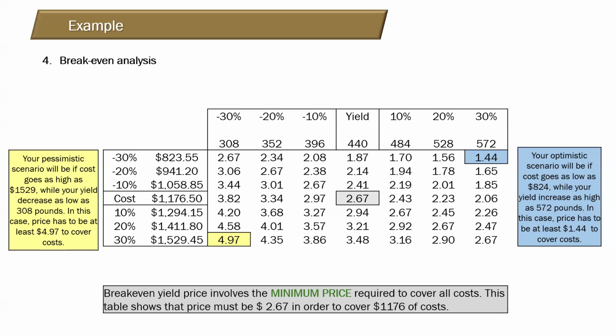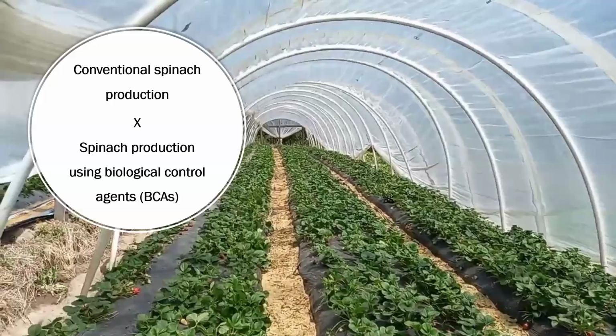In the opposite, optimistic scenario, where you have lower production costs and also increase your yield, the break-even price drops down to 1.44 cents per pound. These numbers support smarter pricing decisions and financial resilience.